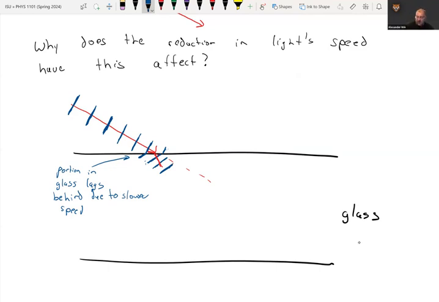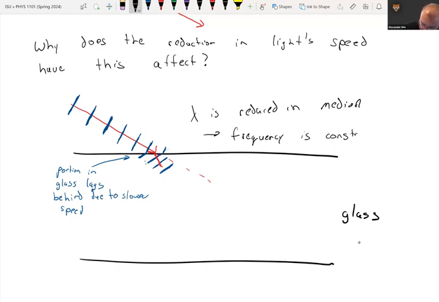So not only has the wave front changed, but the wavelength has also gotten closer together. This is another thing that is worth knowing. Lambda is reduced in the medium. Now, one thing to know is that the frequency remains the same. Frequency is constant.